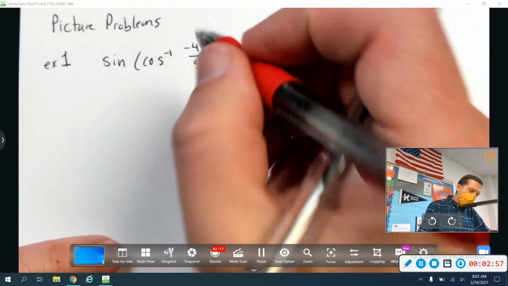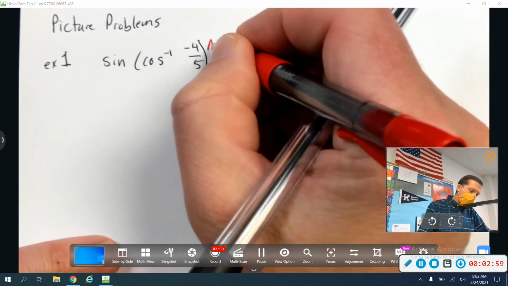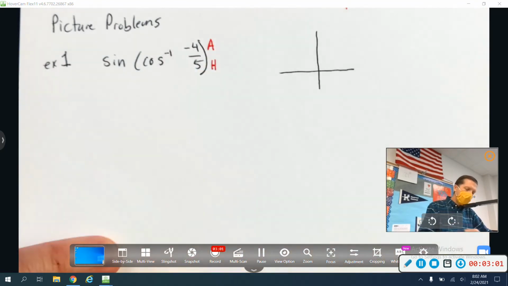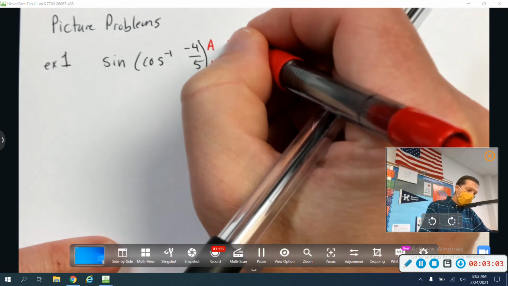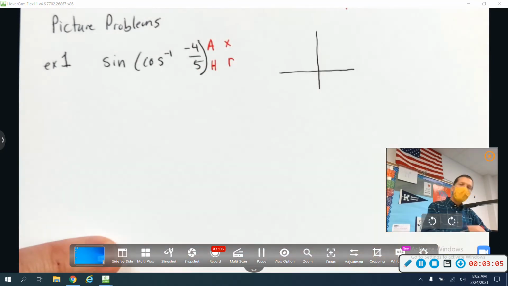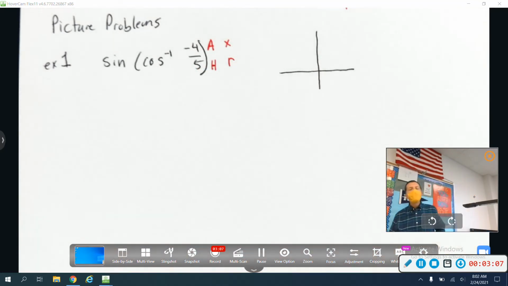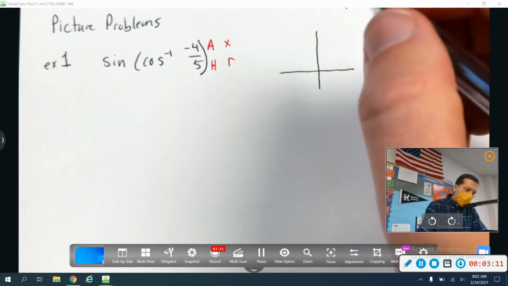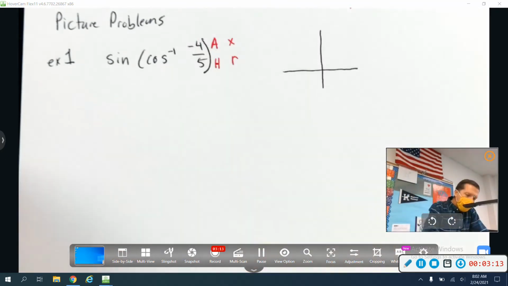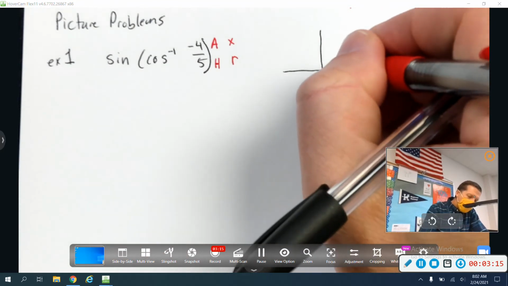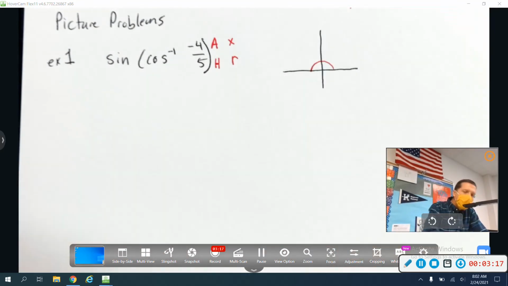Let's see. Cosine is adjacent over hypotenuse, or x over r. You can think of it either way. X over r might be better. Inverse cosine has to come from 1 or 2.